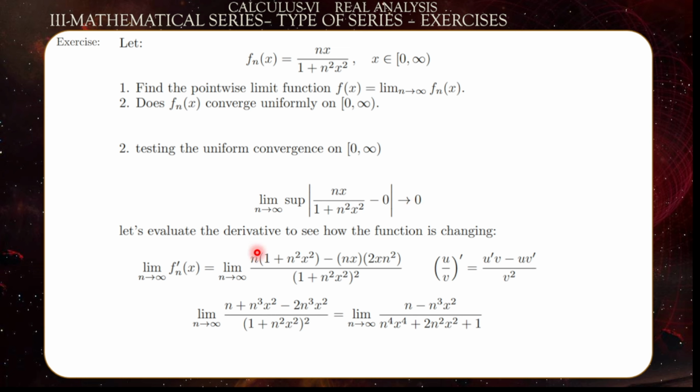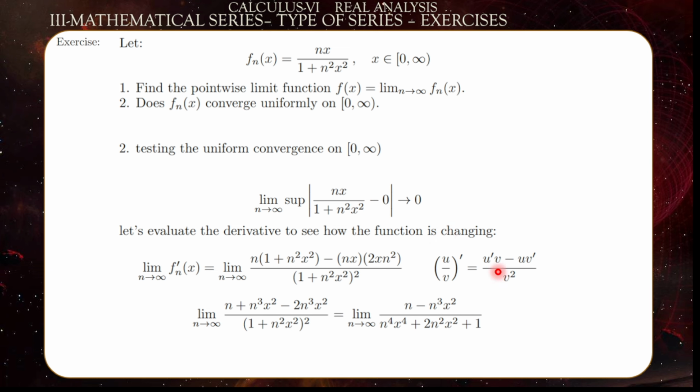Let's evaluate. So sup of nx divided by 1 plus n squared x squared should approach 0. Let's evaluate the derivative to see how the function is changing, because the derivative would tell you if the function is increasing or decreasing.